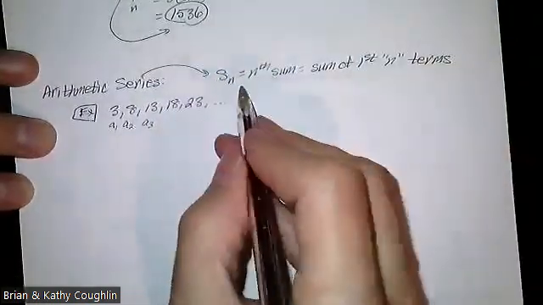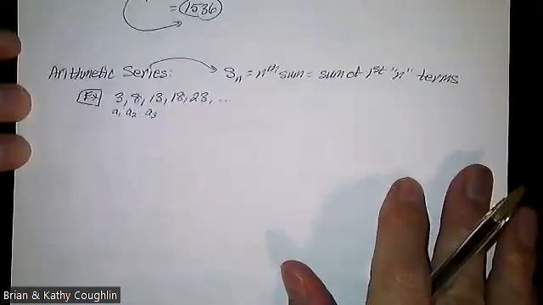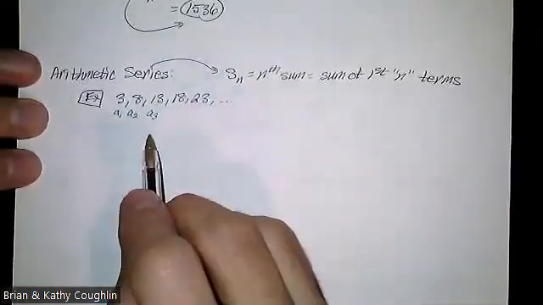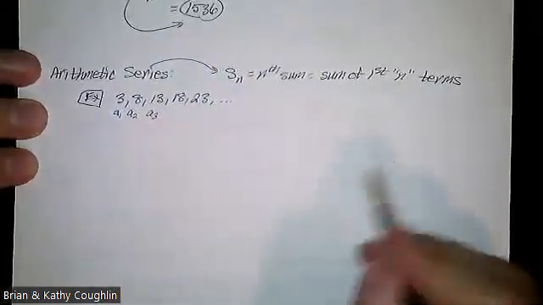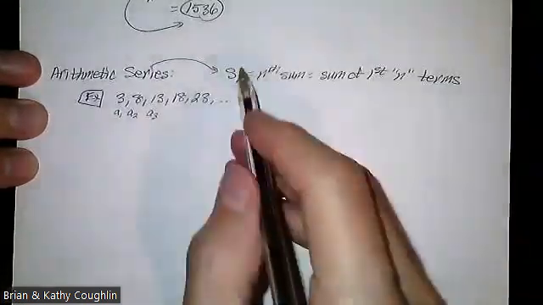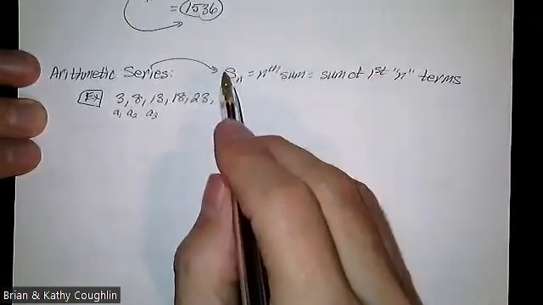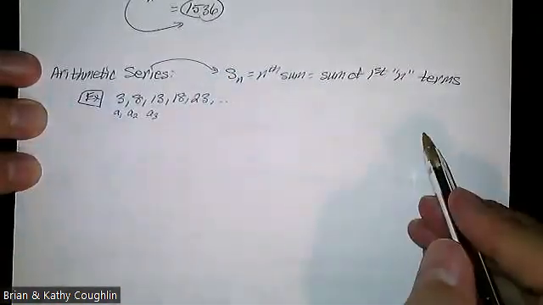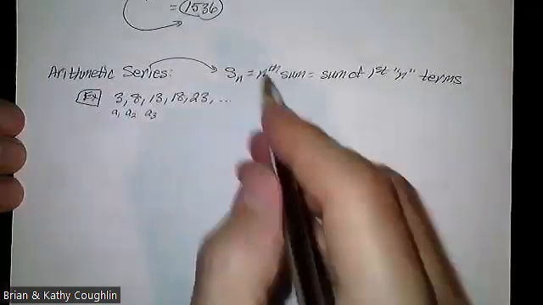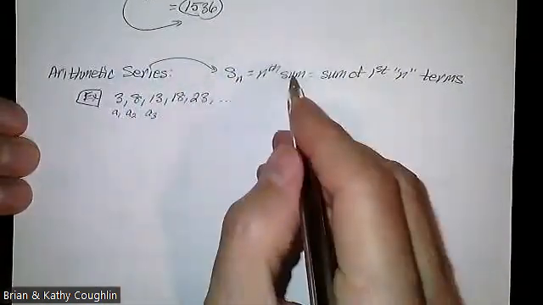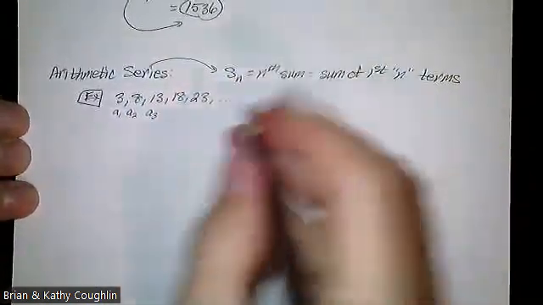So in other words, S10 would be the sum of adding up the first 10 terms. You have a pretty big answer probably, but it's whatever that is. S100 would be adding up the first 100 terms, and so on. So S for series, also S for sum. So it's pretty easy to remember.